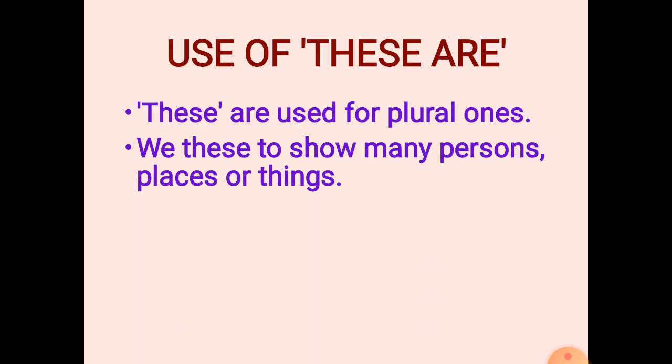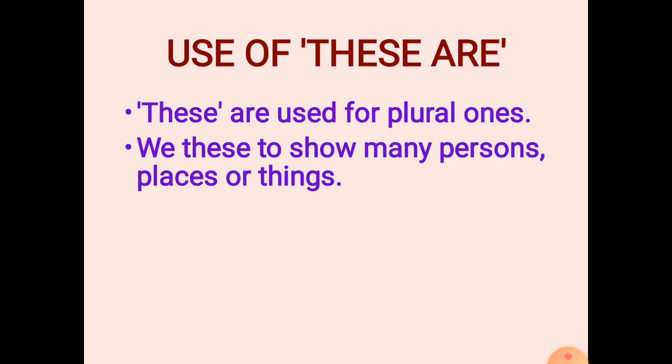So, these is used for the things, persons or places which are near to us. They are not far. They are near to us. This is the definition of this, that we use these for the things which are near to us.